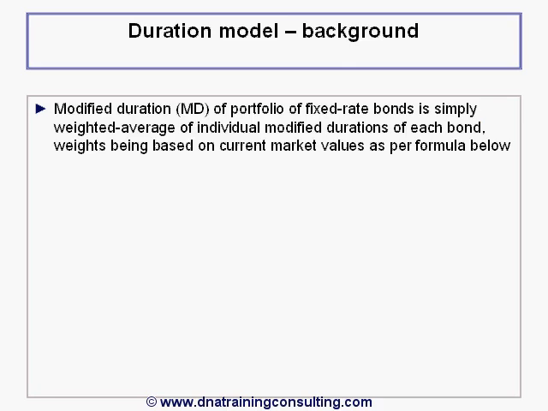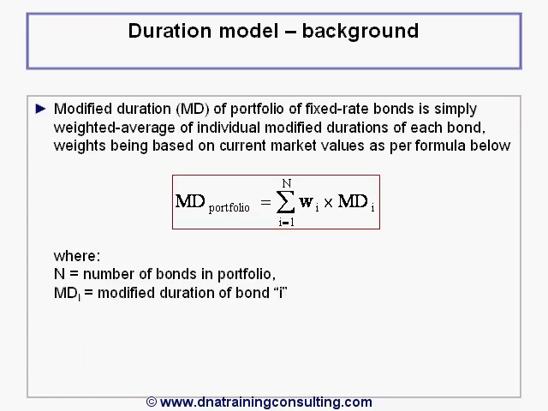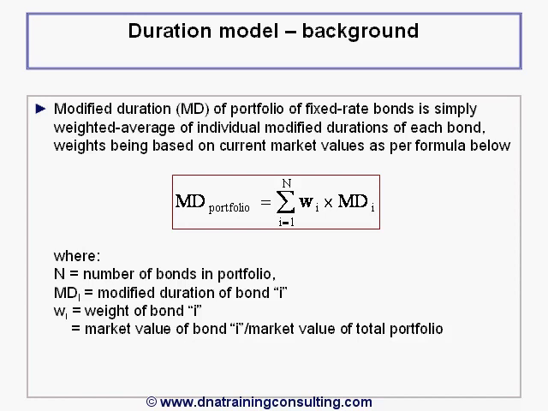The modified duration of a portfolio of fixed-rate bonds is simply the weighted average of the individual modified durations of each bond, the weights being based on current market values, as explained further in the formula appearing now, where n is the number of bonds in the portfolio, MD_i is the modified duration of bond i, w_i is the weight of bond i, which is the market value of bond i divided by the market value of the total portfolio.